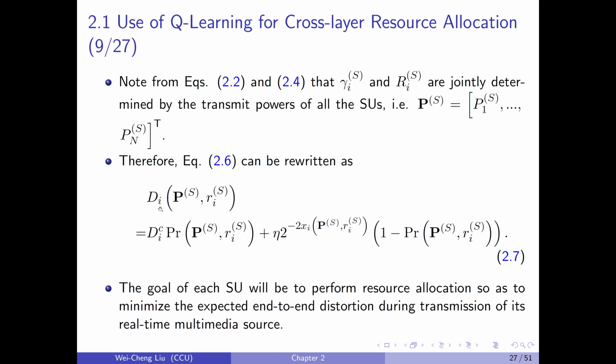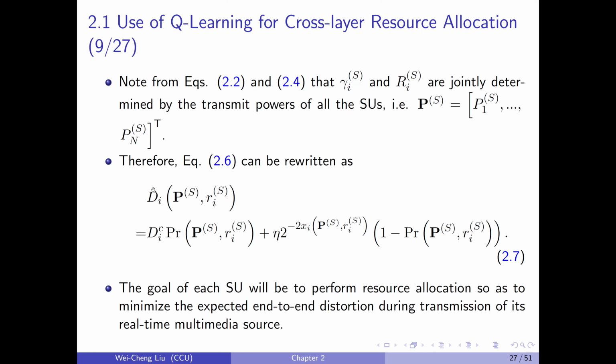D_i is the end-to-end distortion of secondary user i, and P^s is the vector which contains P_1^s to P_N^s, where P_1^s is the transmit power of the first secondary user, and P_N^s is the transmit power of the Nth secondary user, and R_i^s is the channel coding rate of secondary user i.